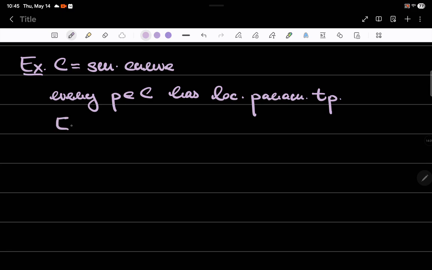So the divisor P is locally defined by t_P equals 0.